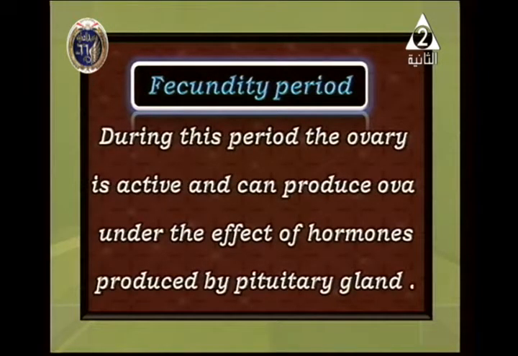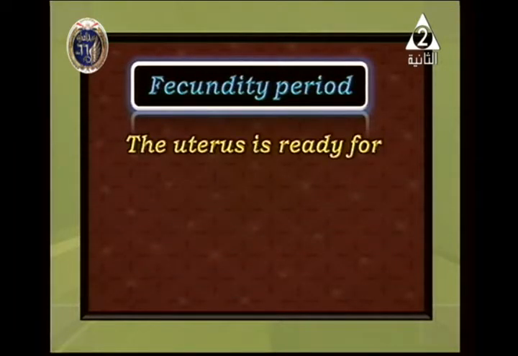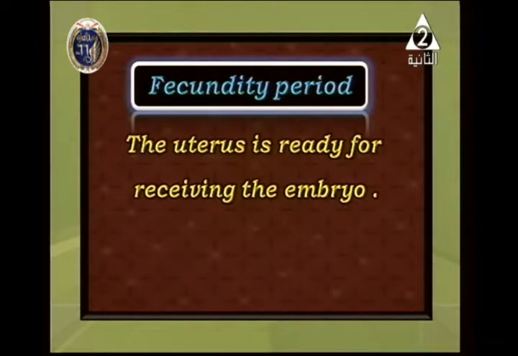During this period of fecundity, the ovary is very active and can produce ova under the effect of hormones, also produced by the pituitary gland. In the fecundity period, the uterus is ready for receiving the embryo. It is a suitable time for the formation of the embryo and fetus inside the uterus.